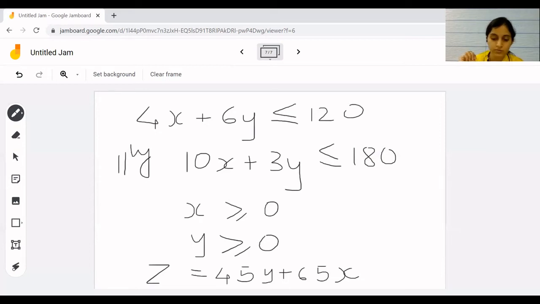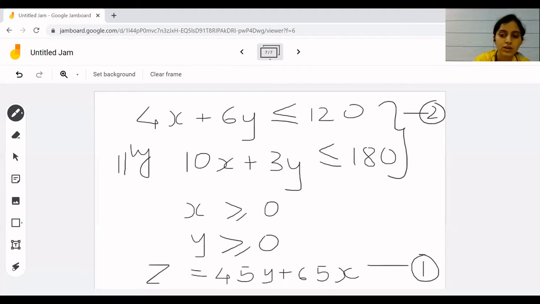Expression 1 is called the objective function. This is your objective function. Expressions 2 and 3 are called constraints. These are your constraints. Then what are x greater than or equal to 0 and y greater than or equal to 0?